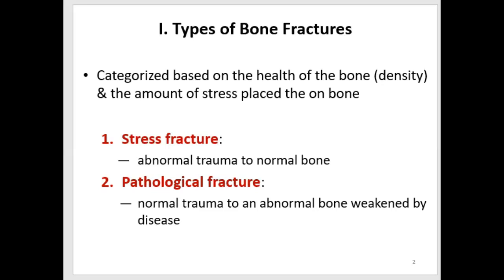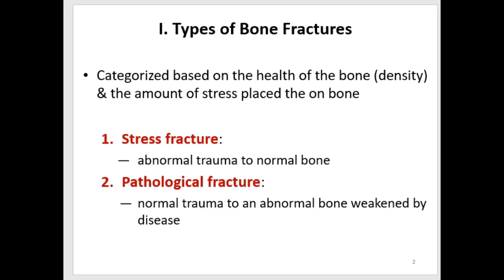And in this case, a normal trauma, and I hate to use the word trauma, but a normal activity, we'll say, causes a break because the bone was abnormally weakened through disease, and that has a lot to do with aging. It has a lot to do with hormone levels and how well the bone is remodeling with osteoblasts and osteoclasts.